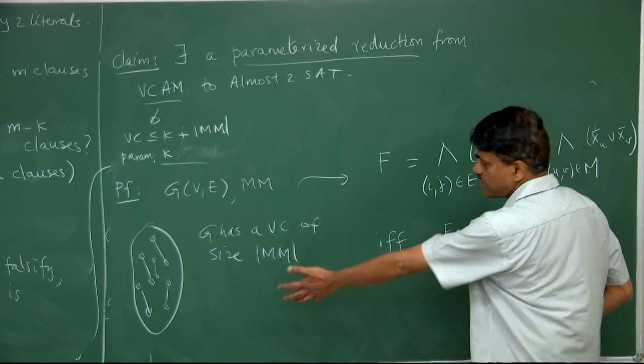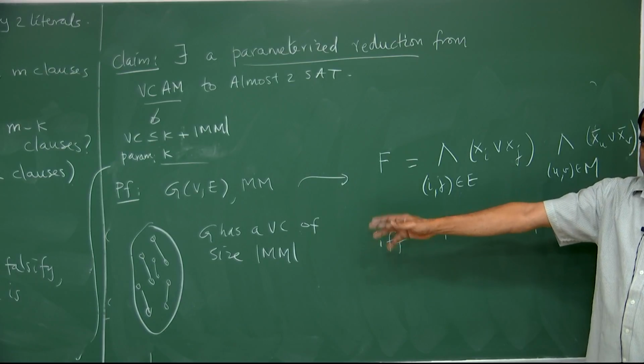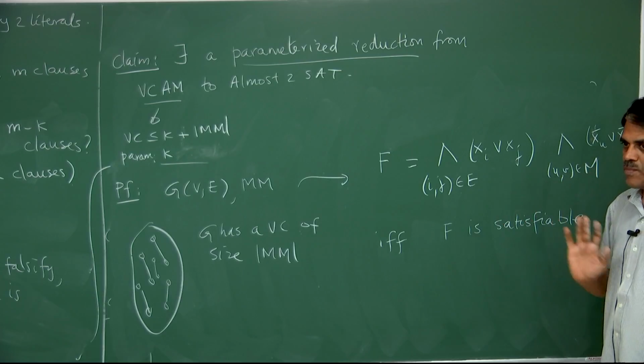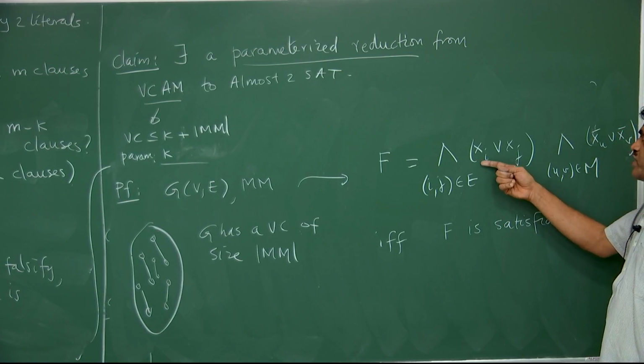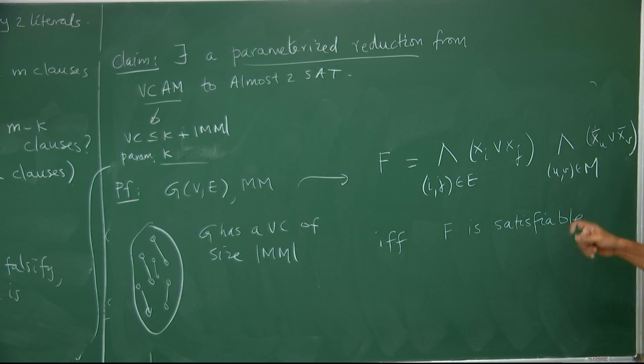Right, because you take that vertex cover, set all vertices in the vertex cover to 1, and for everybody else set it to 0. Since it is a vertex cover, this will be satisfied. Since it picks exactly one from each matching edge, this will be satisfied. So, f will be satisfied.